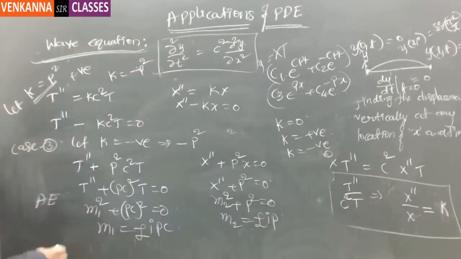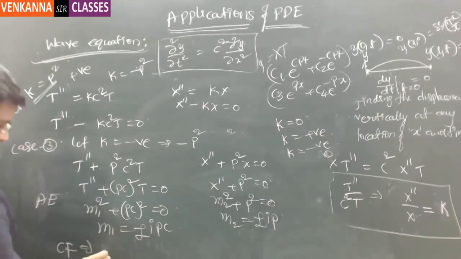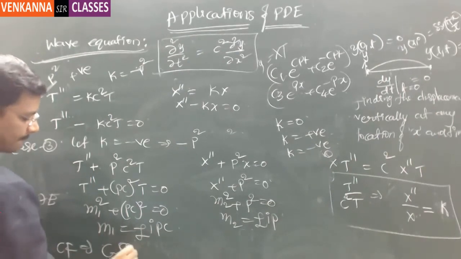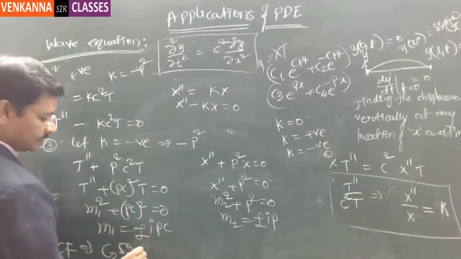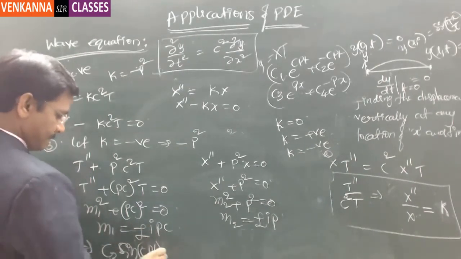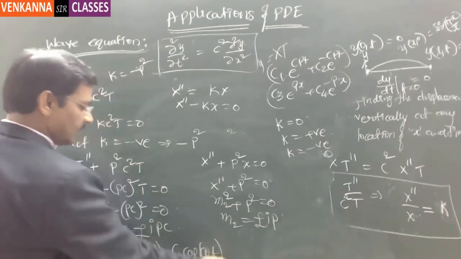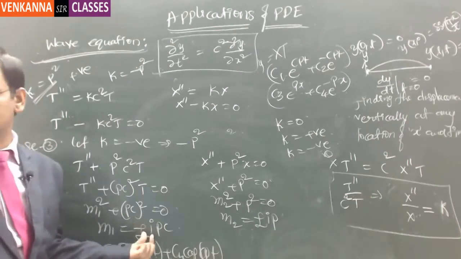Then the complementary function is c3 sin cpt plus c4 cos cpt, and this is the solution when the roots are imaginary.